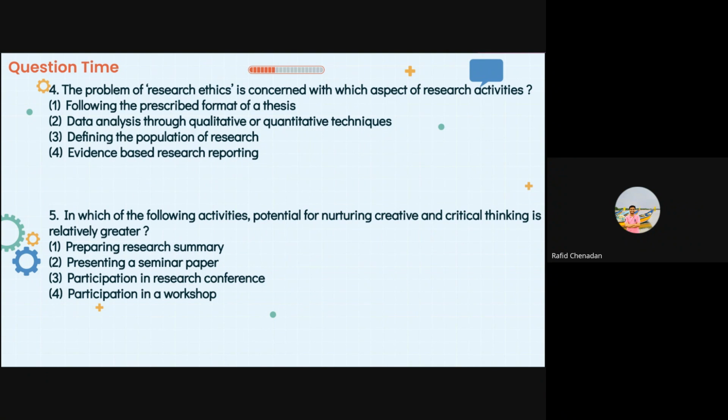So there is one person who said 4, and these things may be familiar to you, right? Research summary, seminar paper, conference, workshop. And there is a person for, I think, research summary. Others, give answers. These are simple ones.